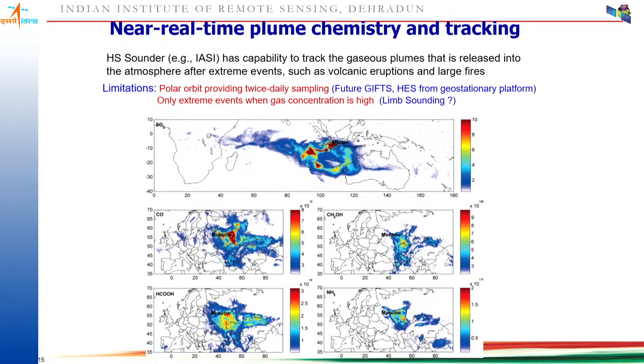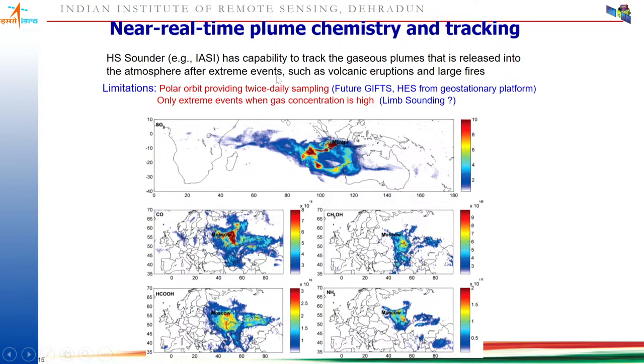Now these are the real time measurements, and this IASI is a hyperspectral sounder. This measures in different domains, and this is what we call a hyperspectral sounder. It has the capability to track the gaseous plumes in the atmosphere after extreme events.